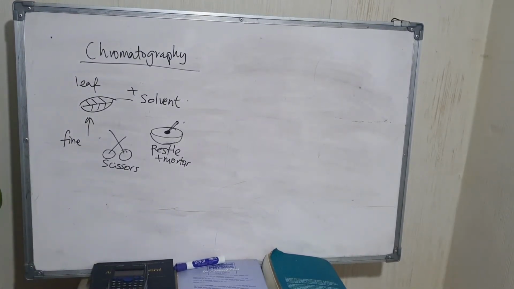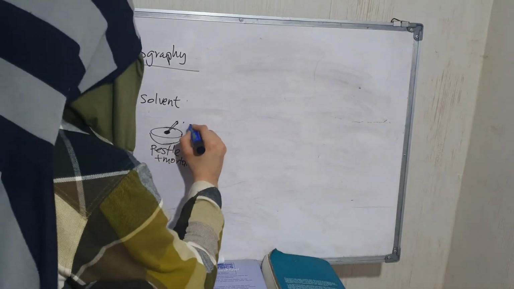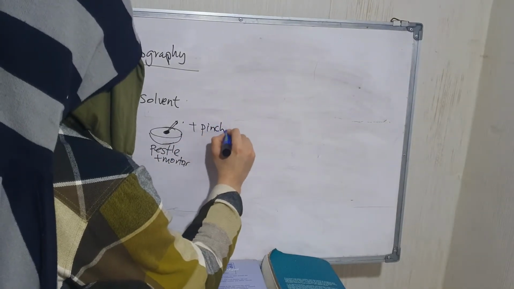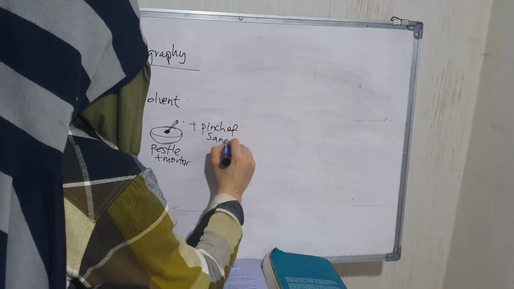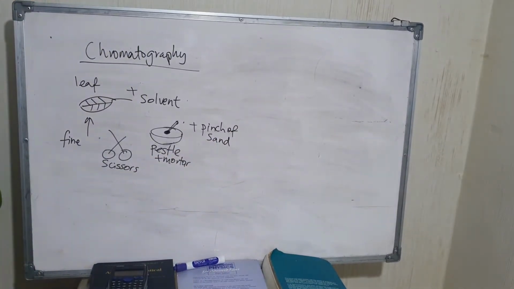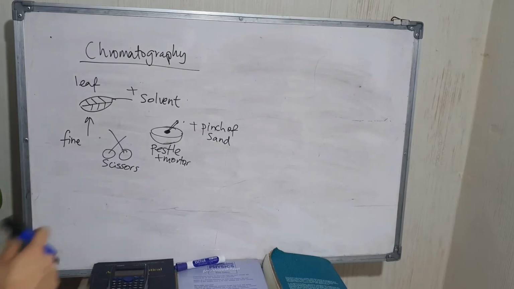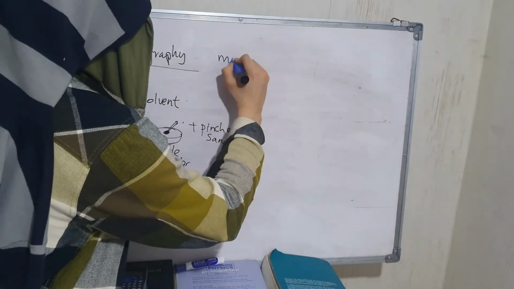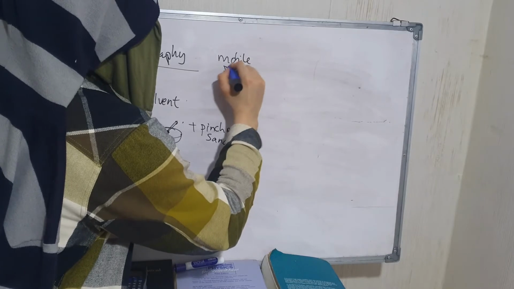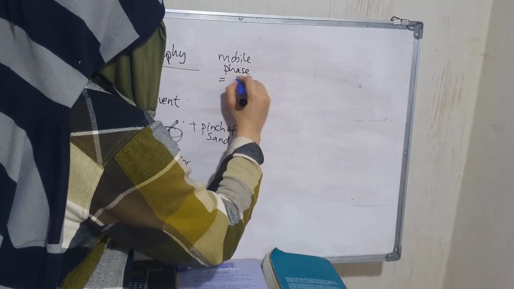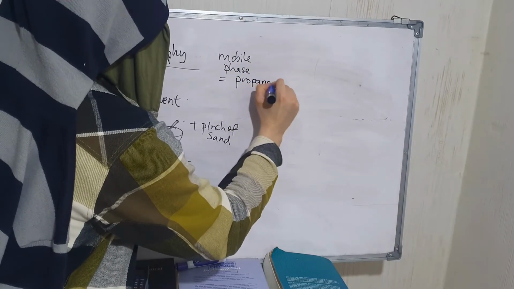Sometimes you might need to add a pinch of sand. And what else? Now the solvent, or the mobile phase for the chromatography, will be something called propanone.